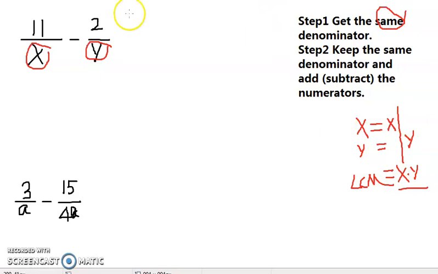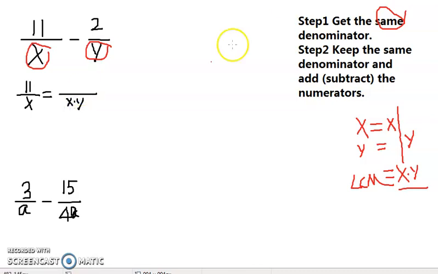So starting with the first fraction, 11 over x. By the way, we call these rational expressions, but really they are almost the same as fractions. Because they have variables in there, we don't call them fractions, but we call them rational expressions. So now we're going to change these to the new denominator we want, which is x times y. Again, the same idea as before.